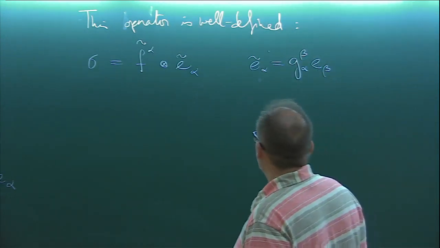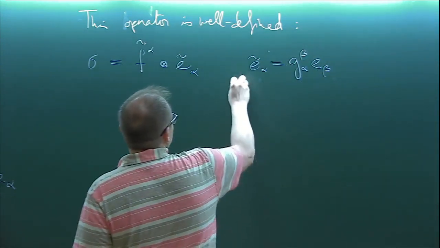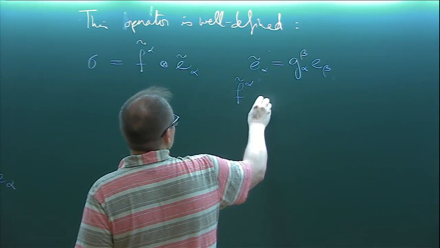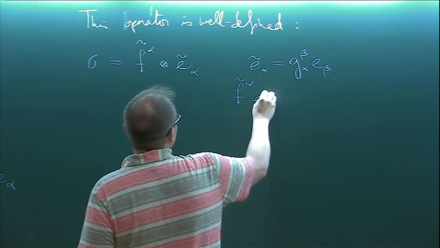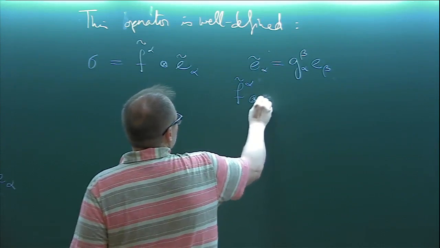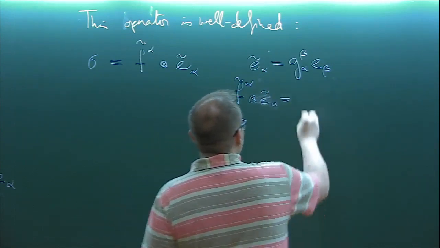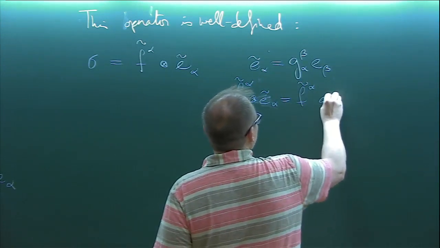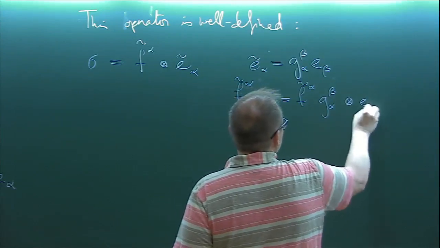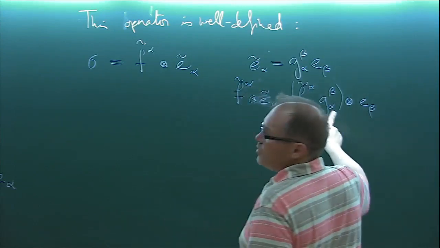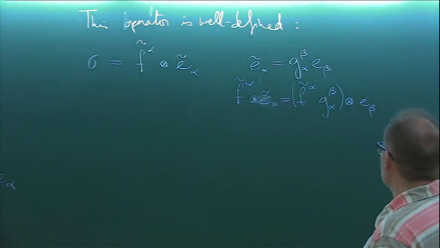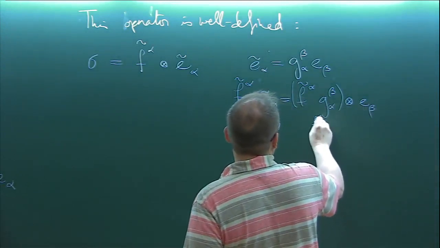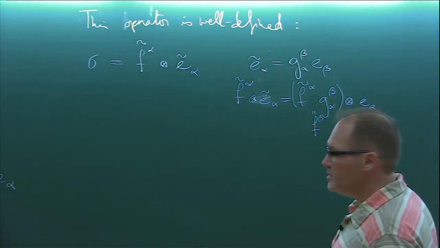And therefore f-tilde_α tensor e-tilde_α is f-tilde_α g_{αβ} tensor e_β. So this is the transpose operation on the coefficients. This is the transformation law that these things satisfy.